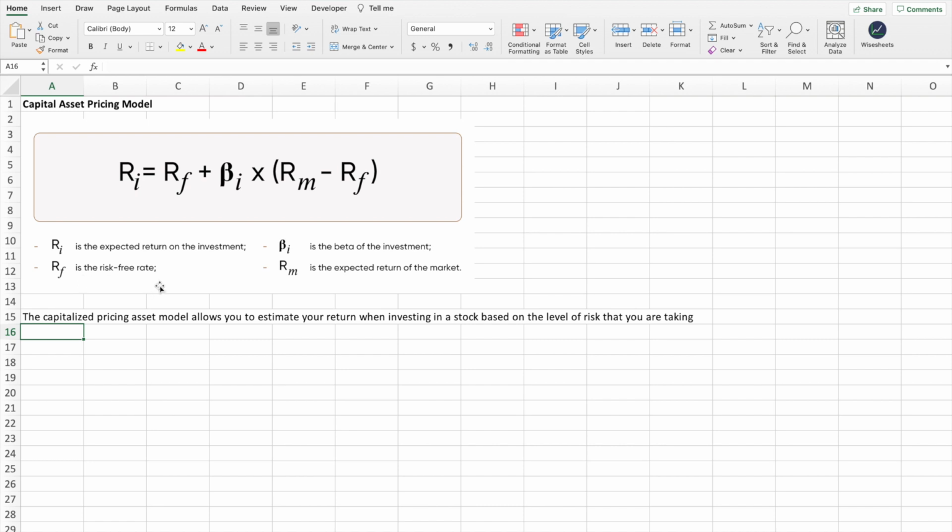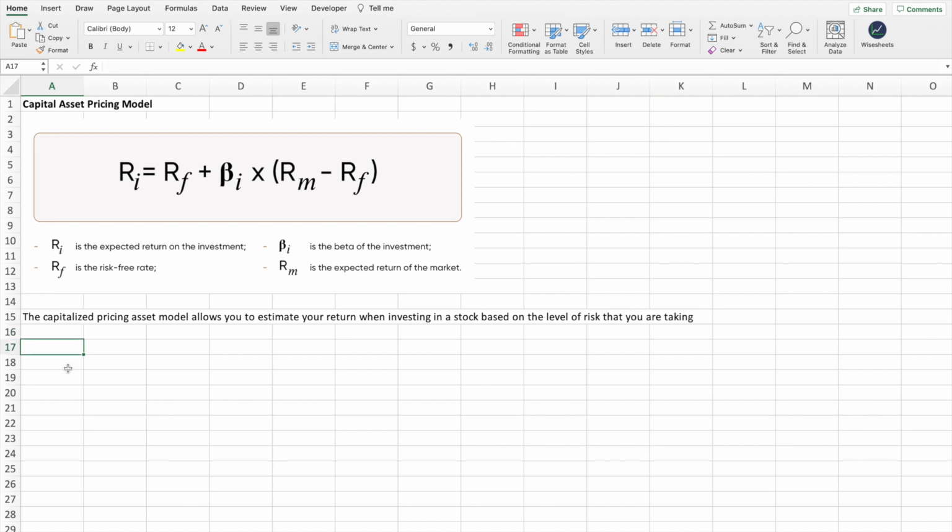The risk-free rate is essentially the opportunity cost that you're foregoing in order to make this investment. Whereas the beta of the investment is the volatility of that particular stock in relation to the stock market. The more volatile that stock is, the more risk there is, and the less volatile, as you can imagine, means that there's less risk involved.